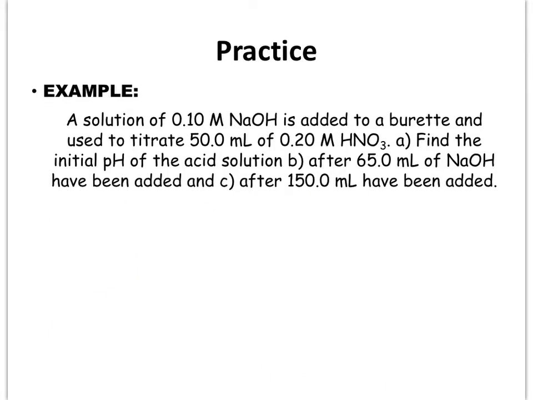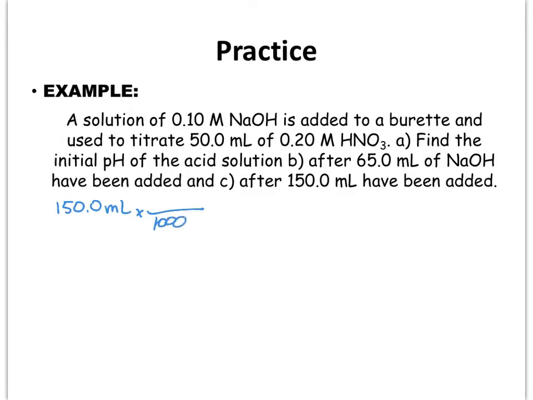Part C now wants me to calculate the pH after 150 milliliters of the base has been added to the acid. So I already know how many moles of acid I started with, from part B. So now I want to figure out how many moles of base I added this time. So I have 150 milliliters of base that I added.